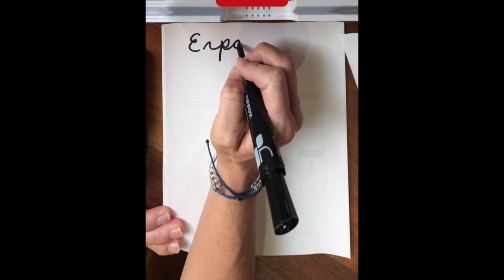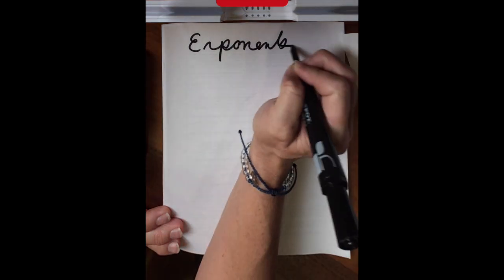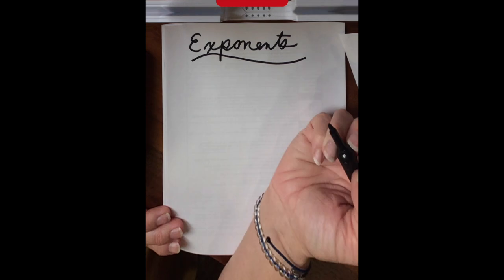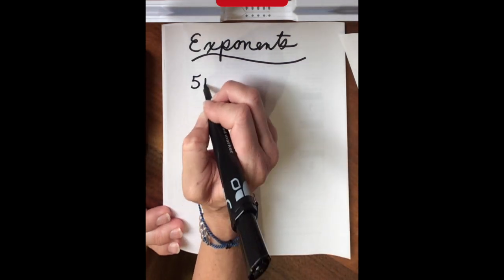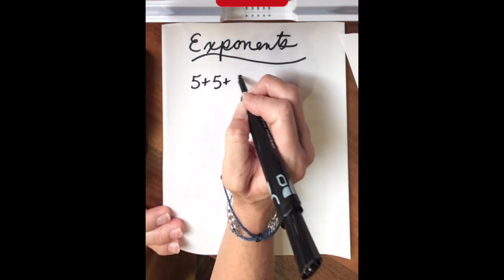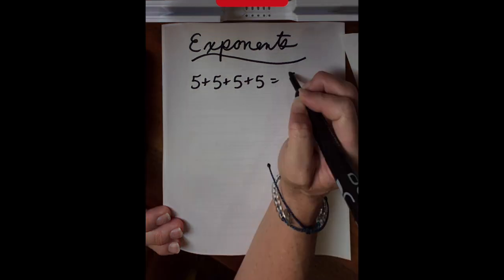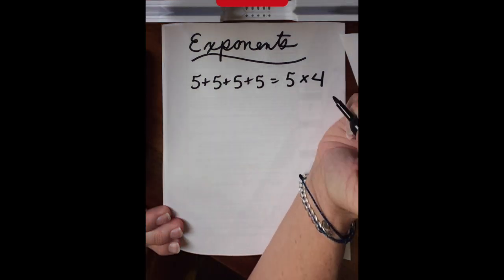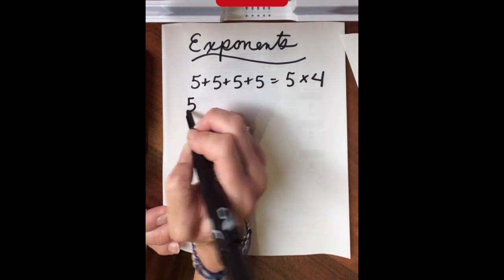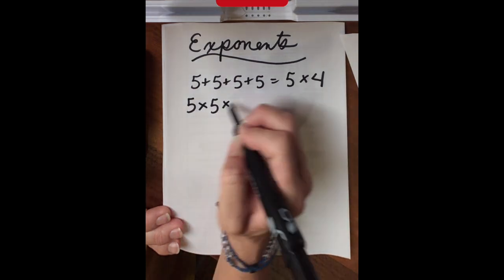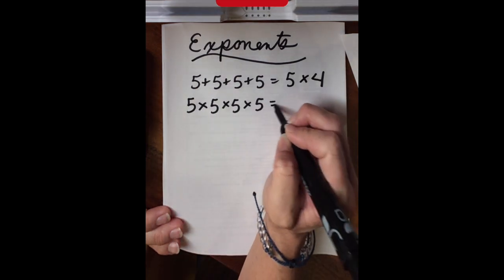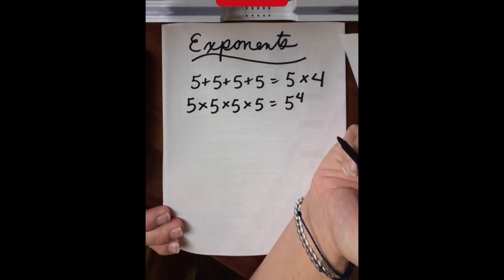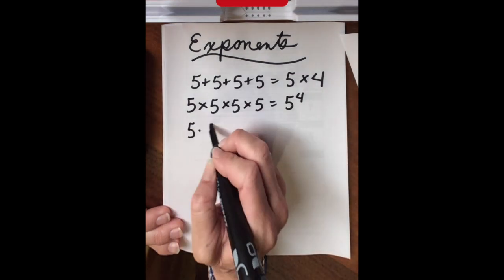All right, but now I got to show you this thing, exponents. Maybe you know a little bit about exponents, but we're going to get pretty weird. Now, when you were in 2nd grade, your teacher taught you if you do 5 4 times and you add it together, it's 5 times 4. But here in the upper grades, now we're doing how many times you times it, and that would be 5 to the 4th power.